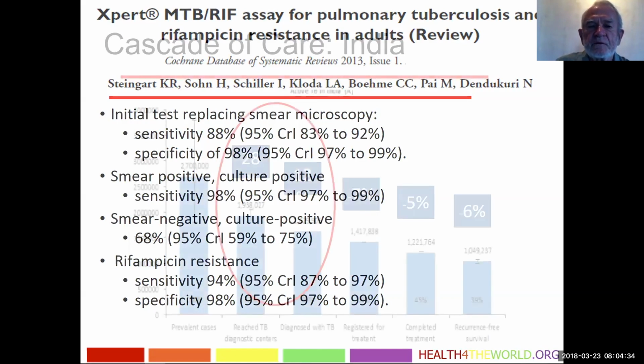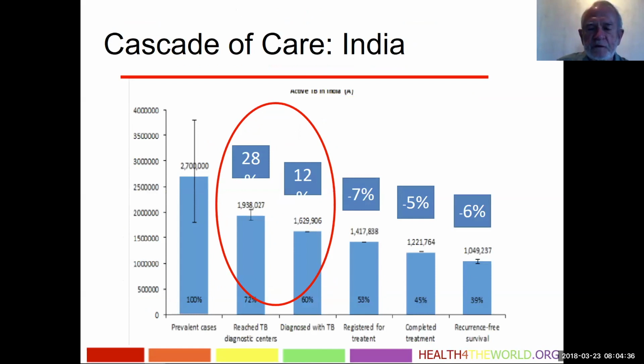Let's look now at some other data that are not from prevalence surveys, but begin to look at how patients actually get into care and how they progress through the care cascade. Here's some data from India that used modeling of the care cascade, but based on some real data.